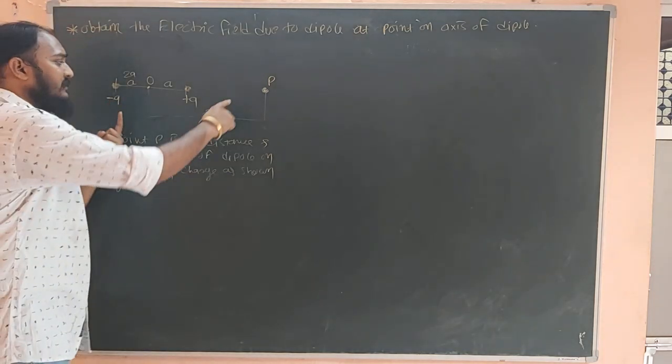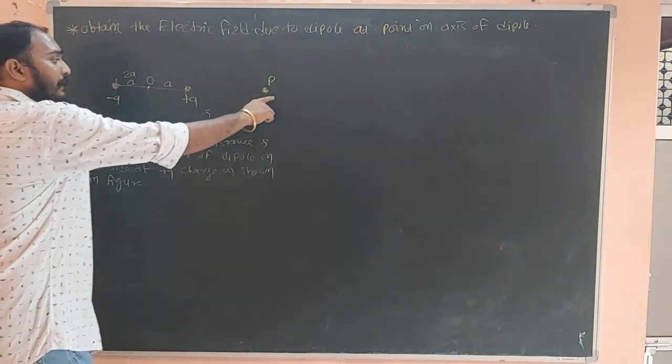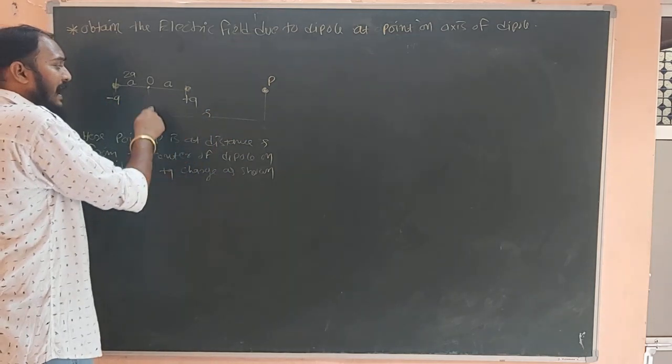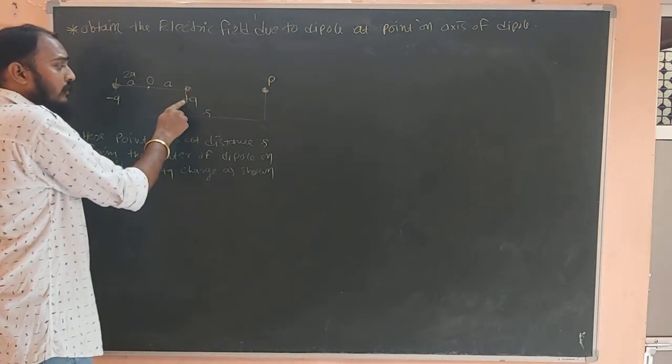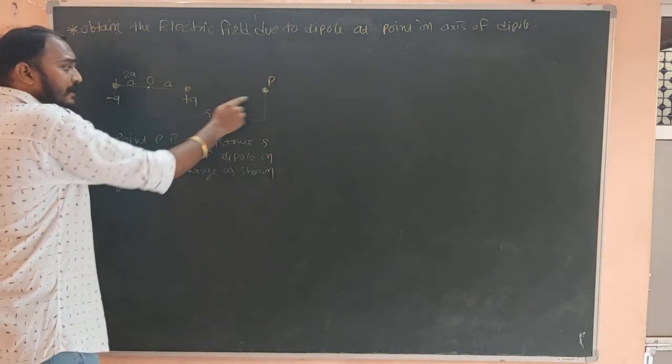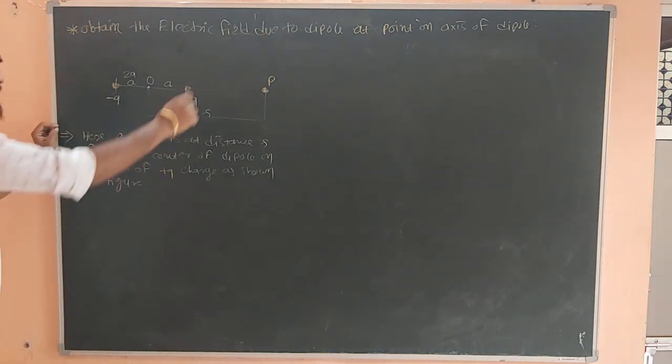Okay, once again, point P is at a distance R from the center of a dipole, on the side of the plus Q charge.